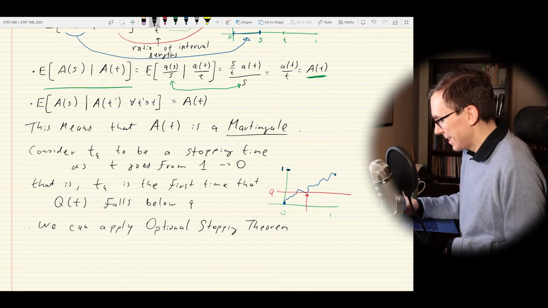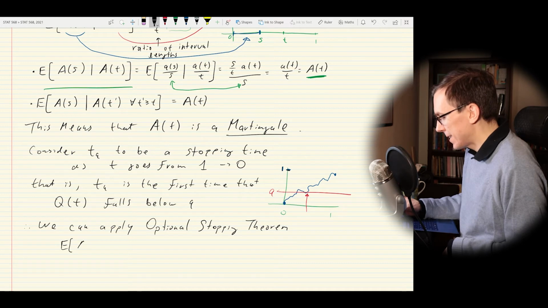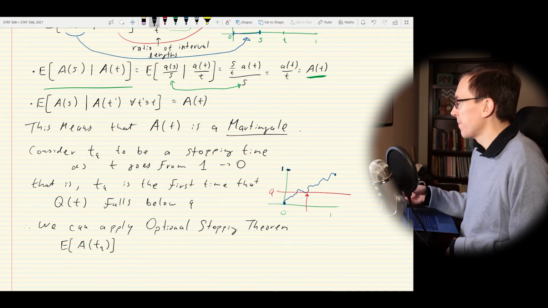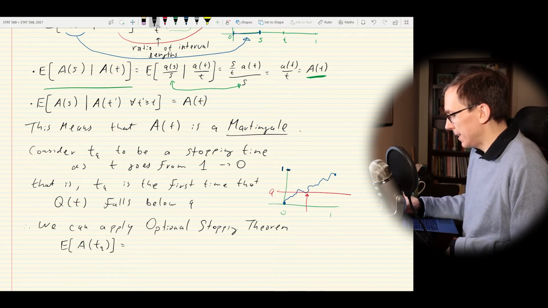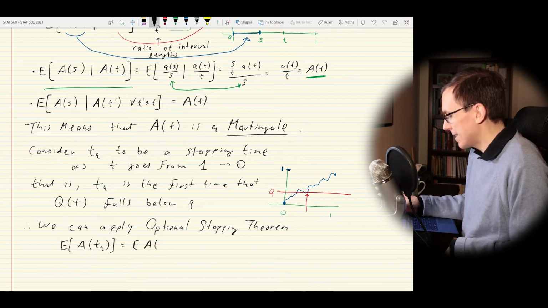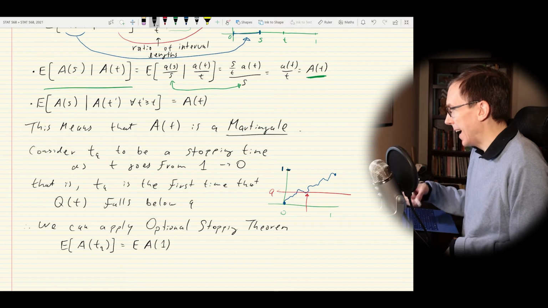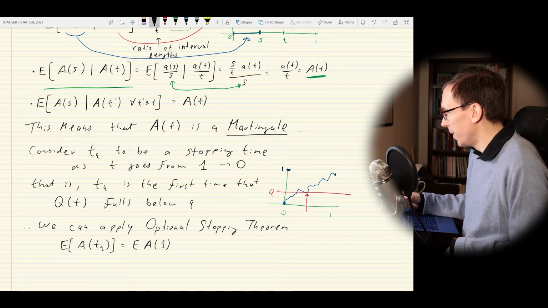It basically says that if our martingale is A, the expected value of A at the stopping time is just going to be the expected value of A at index t equals 1.